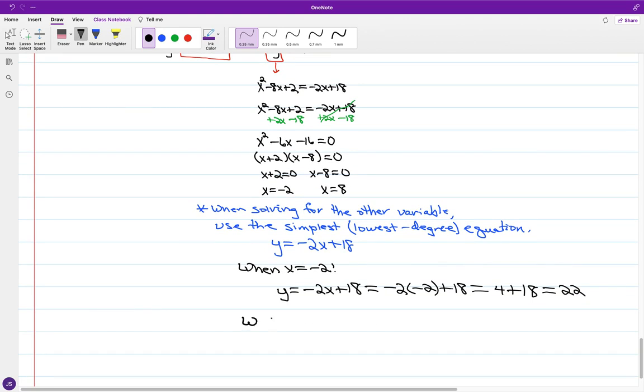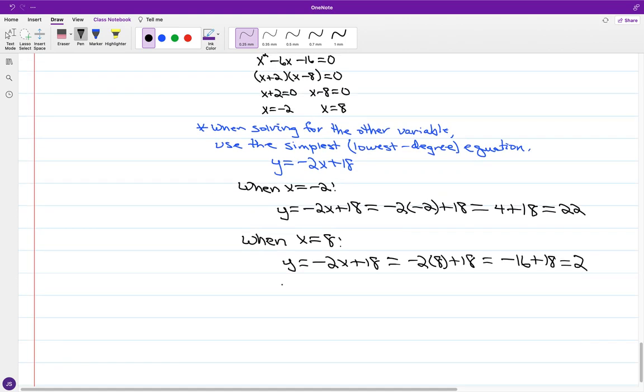And whenever x is equal to positive 8, y is equal to negative 2x plus 18 once again, this time with x at 8. So negative 2 times 8 is negative 16, and negative 16 plus 18 is equal to 2.